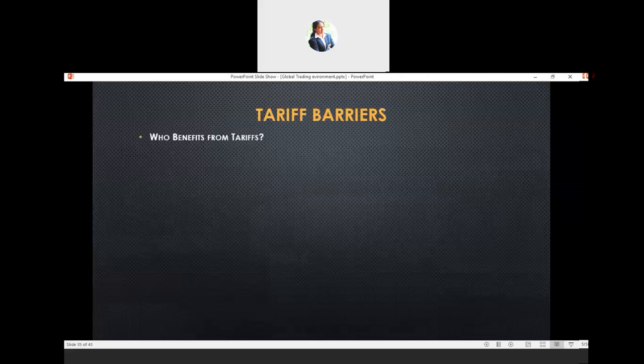Now, there is a question: who benefits from tariffs? The benefits of tariffs are uneven because a tariff is a tax. The government will see increased revenue as imports enter the domestic market. Domestic producers also benefit from a reduction in competition since import prices are artificially inflated.